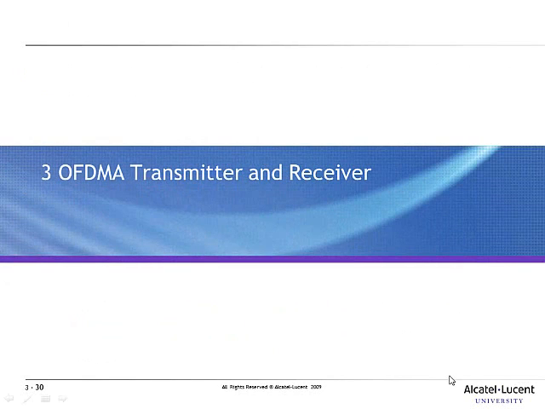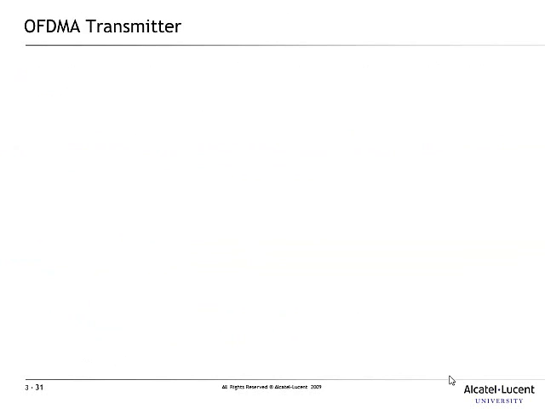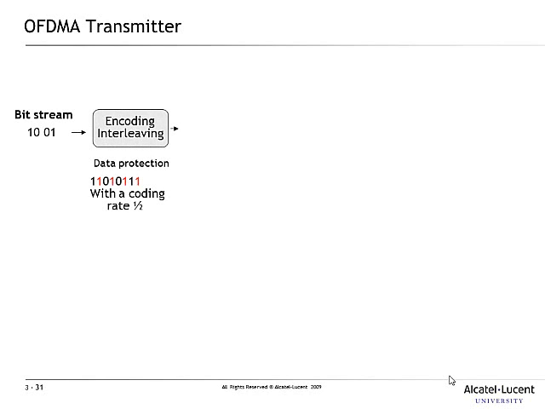So now we move to section 3 of lecture 3, and we're going to try and put some of the ideas we've discussed so far together. We initially said that we start off with some bit stream that's made of ones and zeros, and then we do some encoding, primarily for data protection.